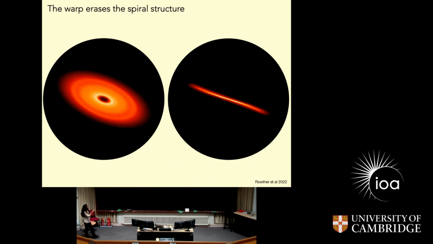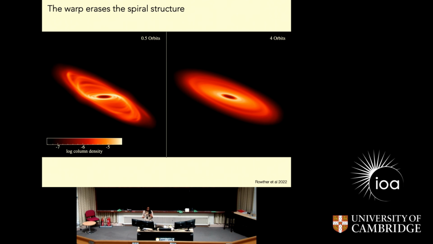But what you see here is that you've completely lost the spiral structure, and you've ended up with a more axisymmetric structure. So we see that the warp actually gets rid of these spiral structures.